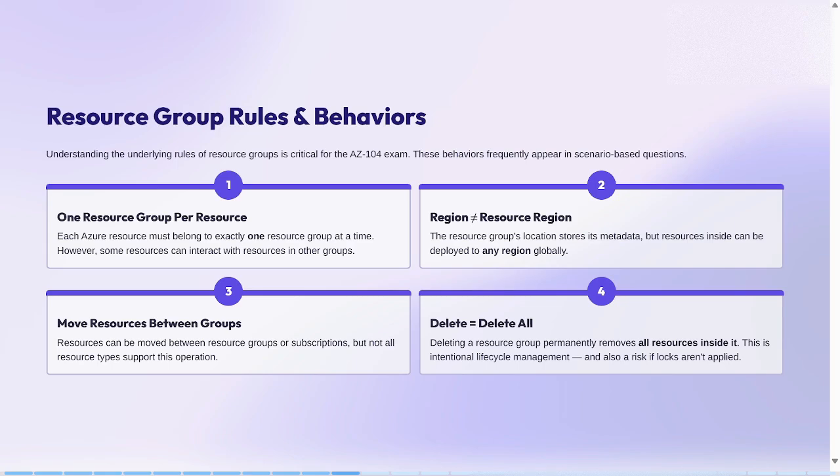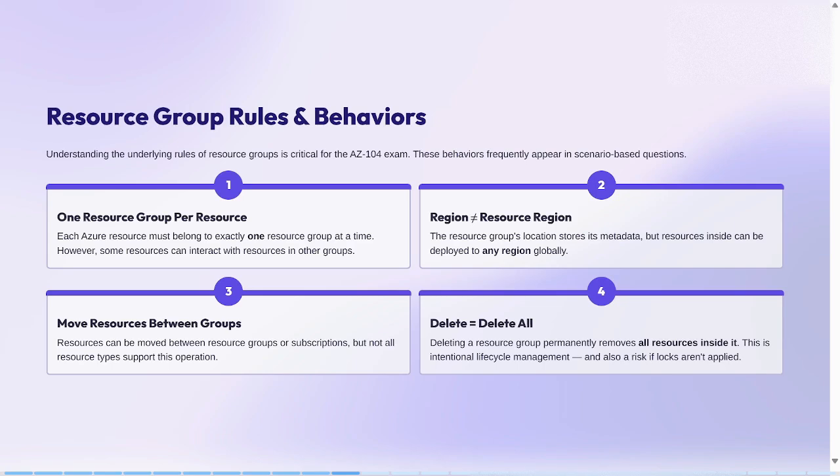Like many beginners think, this means all resources inside the resource group must be deployed in the same region, but that is not correct. The resource group location is only used to store the resource group metadata. The actual Azure resources can be deployed in different regions.